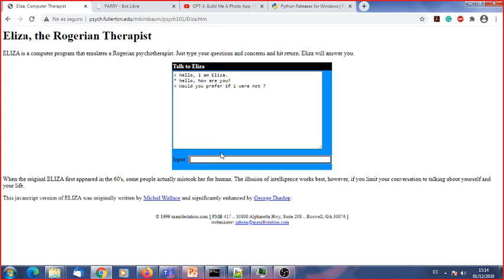So if you go to another type of vocabulary, Eliza starts to give some strange answers.